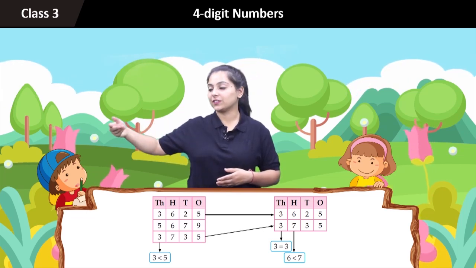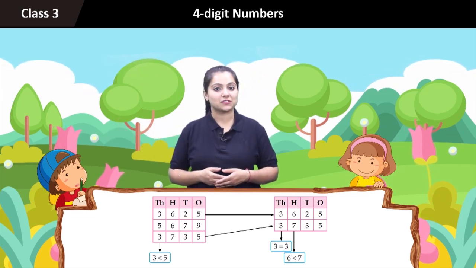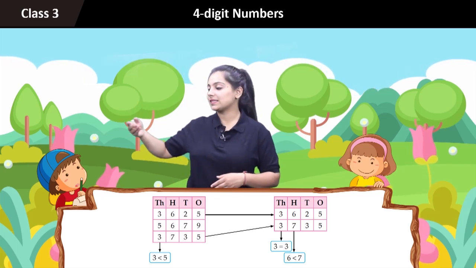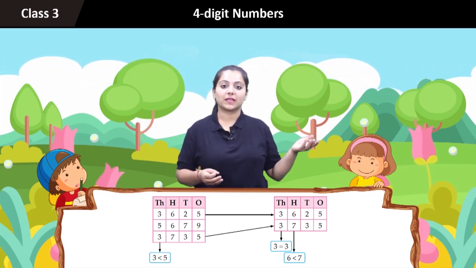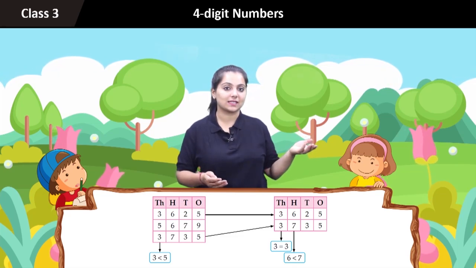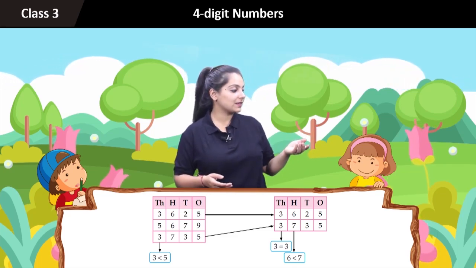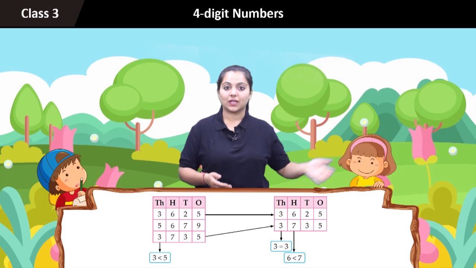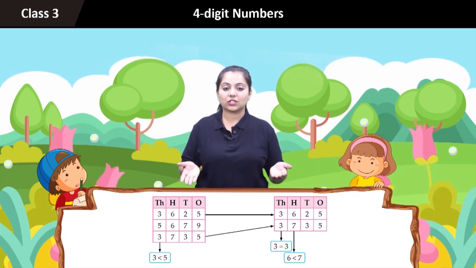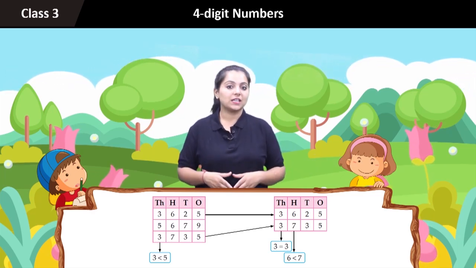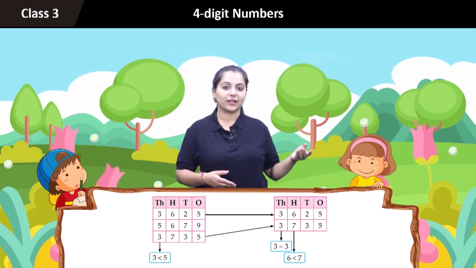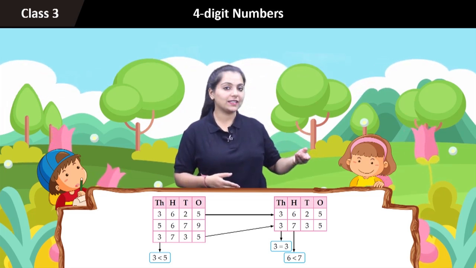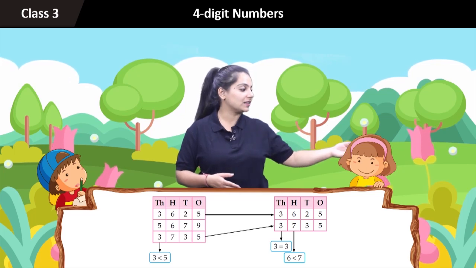3625 and 3735. Let's put them in place values like ones, tens, hundreds and thousands. Let's start comparing from the biggest place value, that is thousands. What is at the thousands? 3 and 3. But they are both equal to each other and they cannot be compared. So we will switch to the other digit. We'll move to the hundreds one. 6 at hundreds and 7 at hundreds.